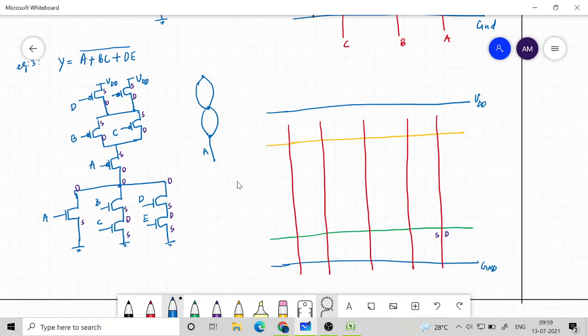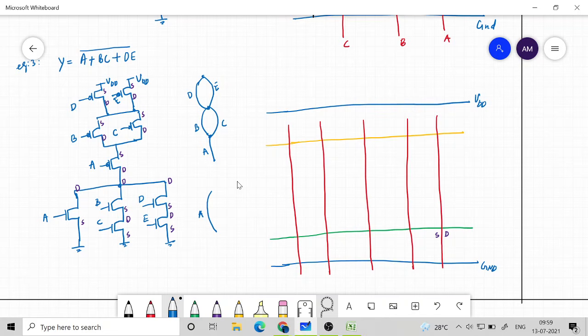The branches you can name A, B, D, and this should be E, and this is C. So this is the PMOS circuit graph, and similarly I have to draw the graph for the NMOS.